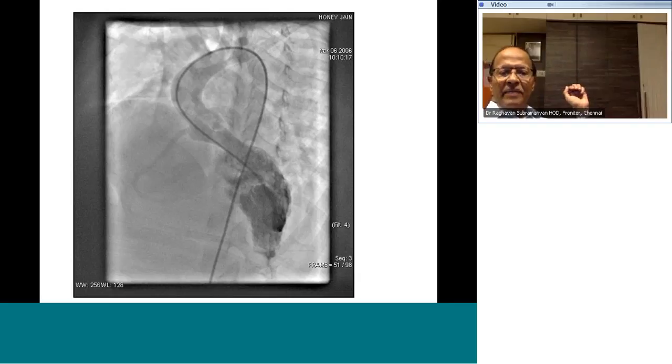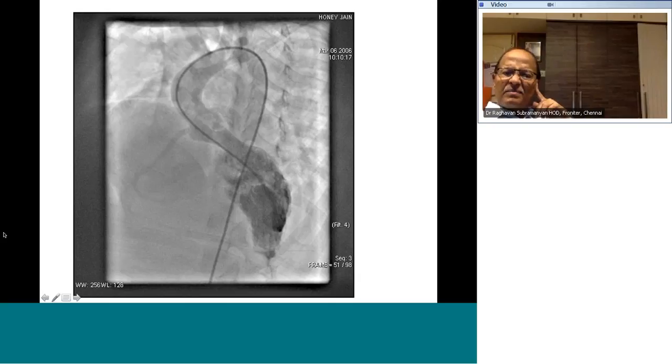Okay, now describe the angiogram. What does it show? This frame shows what I want to show you. Elongated LVOT, yes.